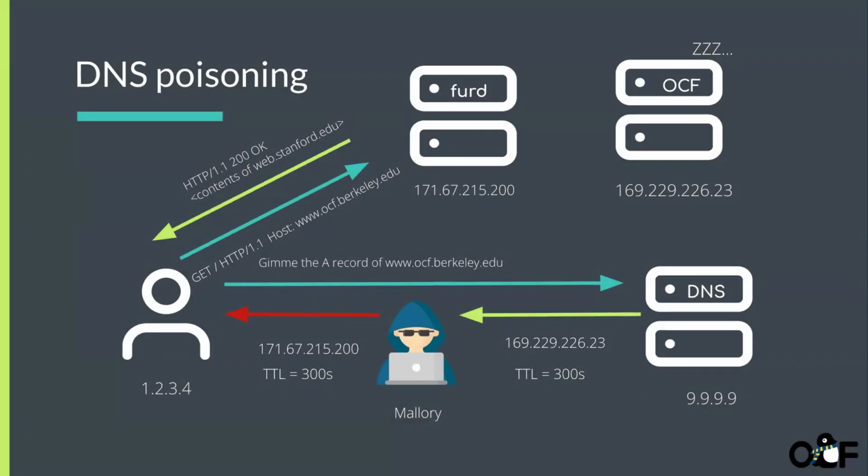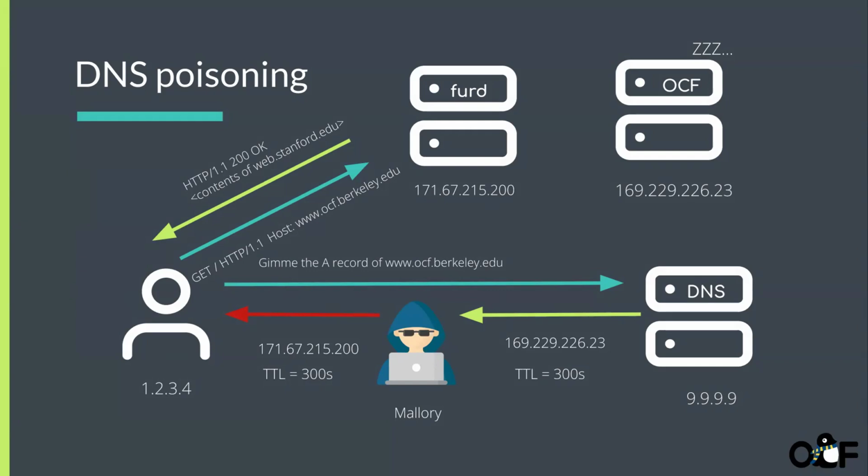Okay. So just around DNS, there's a type of attack called DNS poisoning, where essentially if an attacker gets access to one of the DNS servers or somehow finds a vulnerability in one of the DNS servers, they can do DNS poisoning.